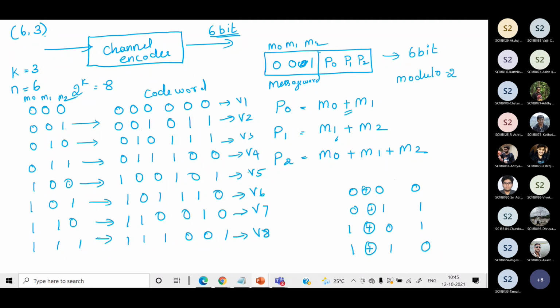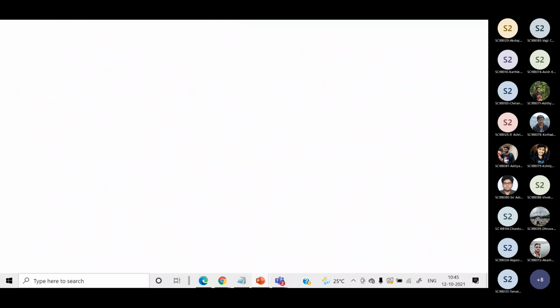Now we will take a message bit example: 011 is the message bit. So what will the channel encoder's output be? The channel encoder's input bits will be 011, so it will map to 011100.